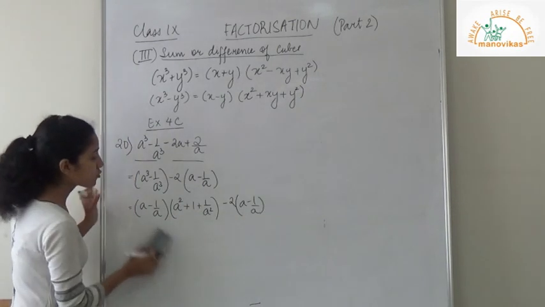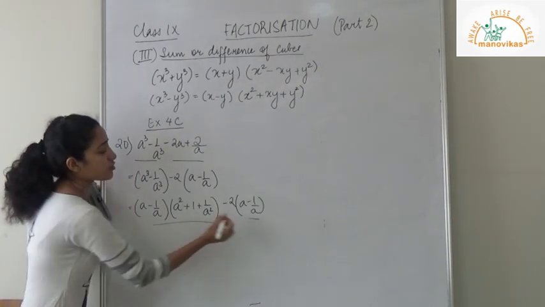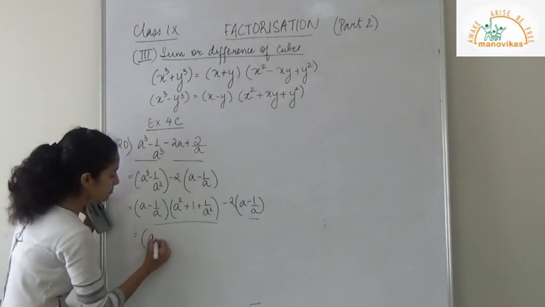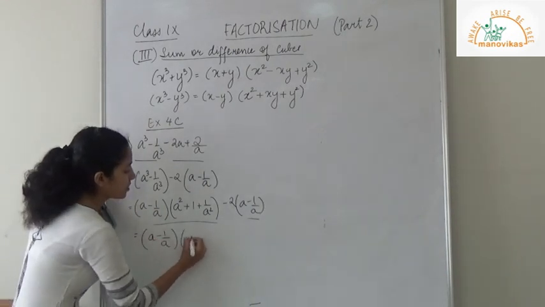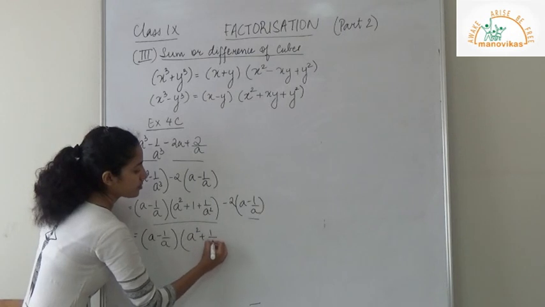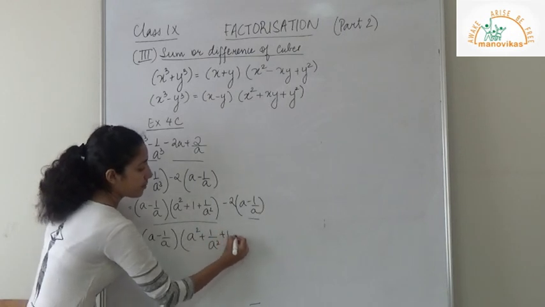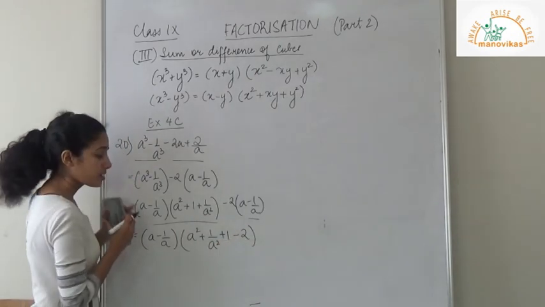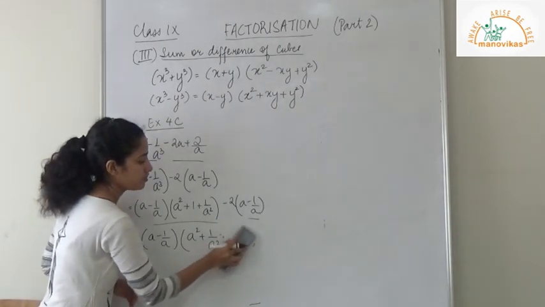Now again there are 2 terms here, from which a minus 1 upon a is the common factor. So I am left with a square plus 1 upon a square plus 1 minus 2. Plus 1 minus 2 is minus 1.